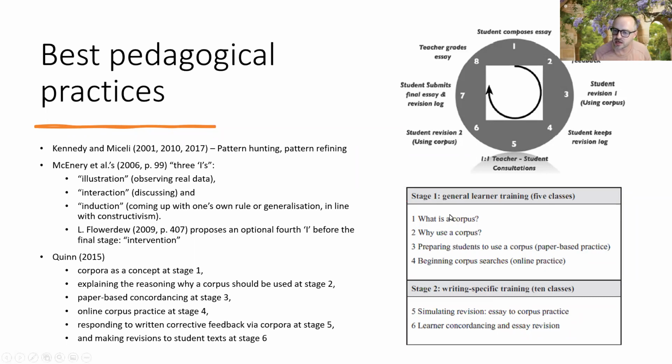So really taking them through what a corpus is, why you would want to use it, and this very guided and scaffolded approach about how you can use corpora to improve your writing.